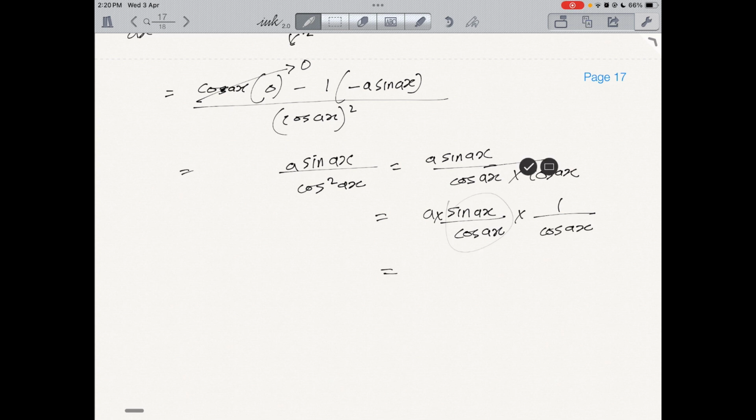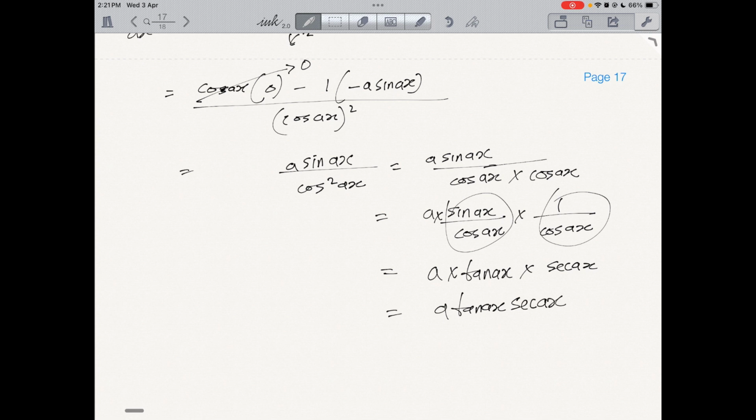Sin over cos is tan. 1 over cos is sec. So we have a multiplied by tan ax multiplied by sec ax. So this will give us a tan ax sec ax.